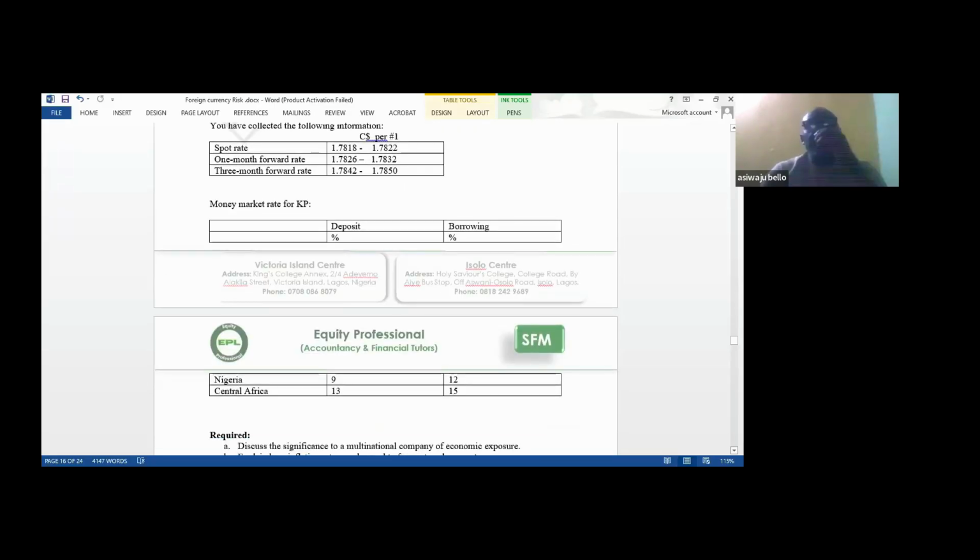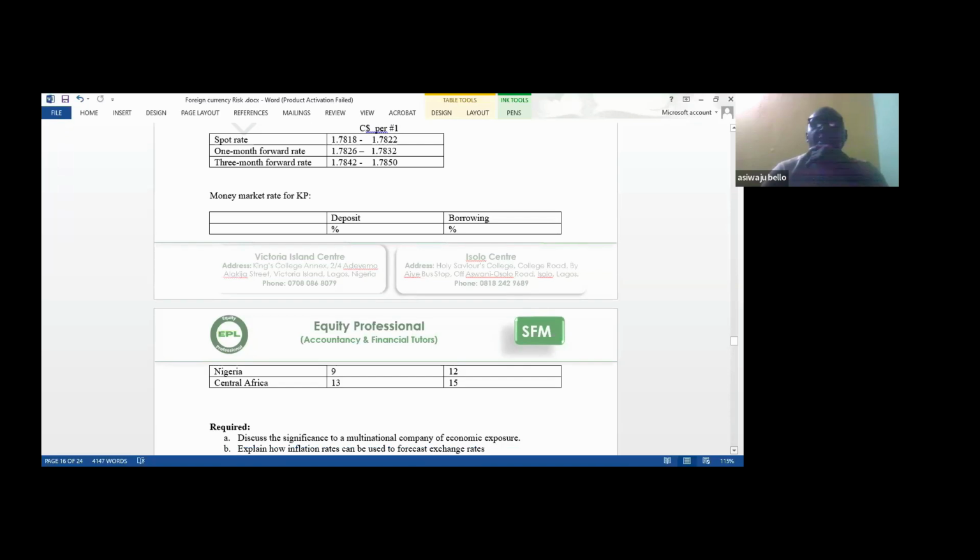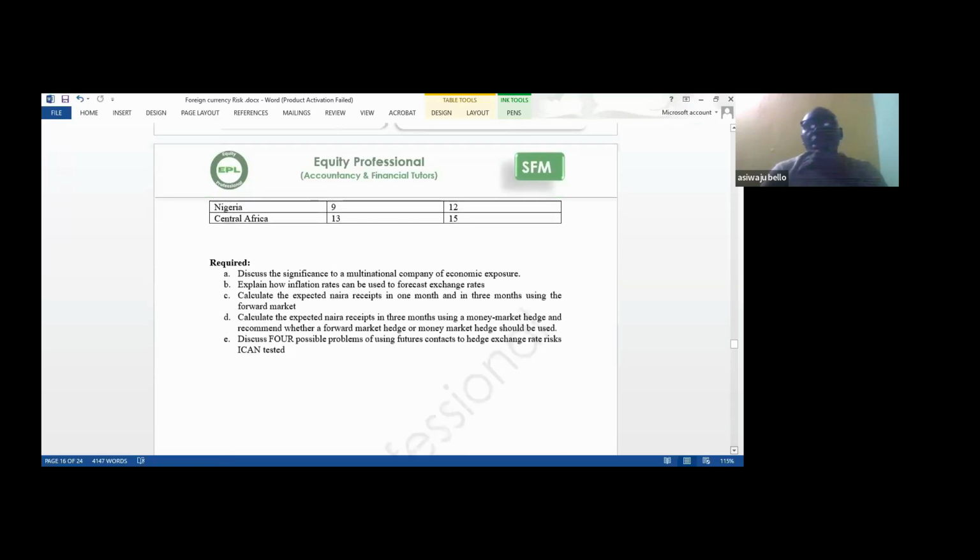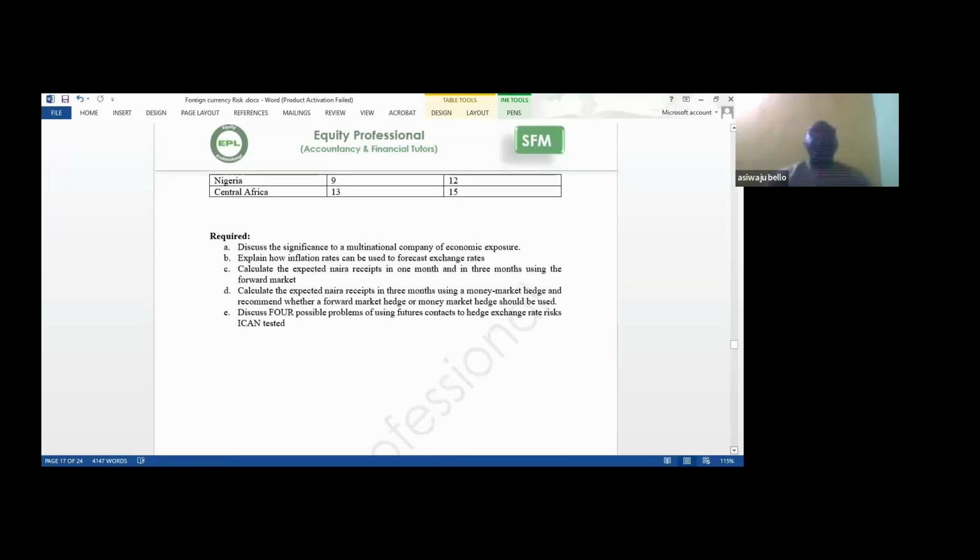Money market rates for KP: we have the deposit rate in Nigeria, and we have the borrowing rate. Requirements. Requirement A. Examiner says, discuss the significance to a multinational company of economic exposure.